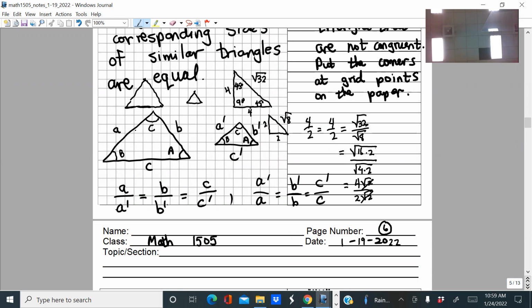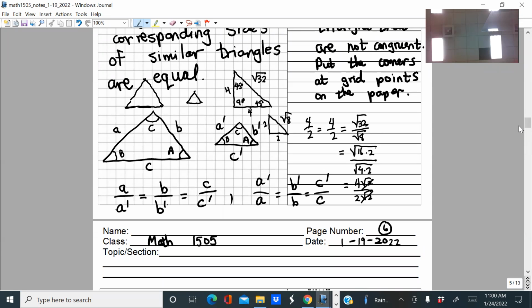If you take A and divide it by the corresponding side, A prime, that would be the same as B divided by B prime or C divided by C prime. Those fractions always turn out equal.